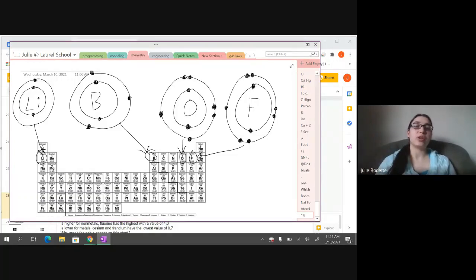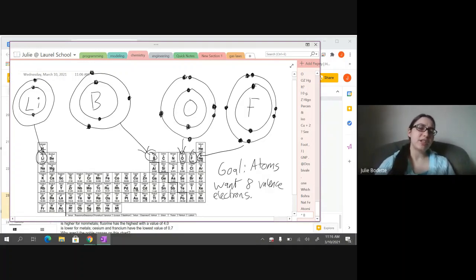Remember, our goal in general is that atoms want 8 valence electrons. But to be even more specific than that, really what atoms want is a full outer shell of electrons.